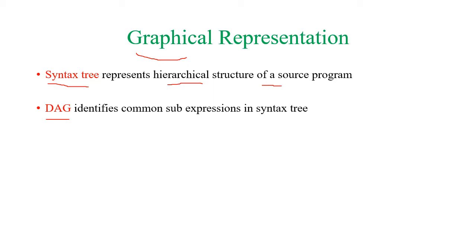DAG stands for Directed Acyclic Graph, which identifies common sub-expressions in the syntax tree. Here, initially for a particular string, using the grammar, we make the syntax tree, and in the syntax tree we identify any common expression. That expression is replaced in the DAG.